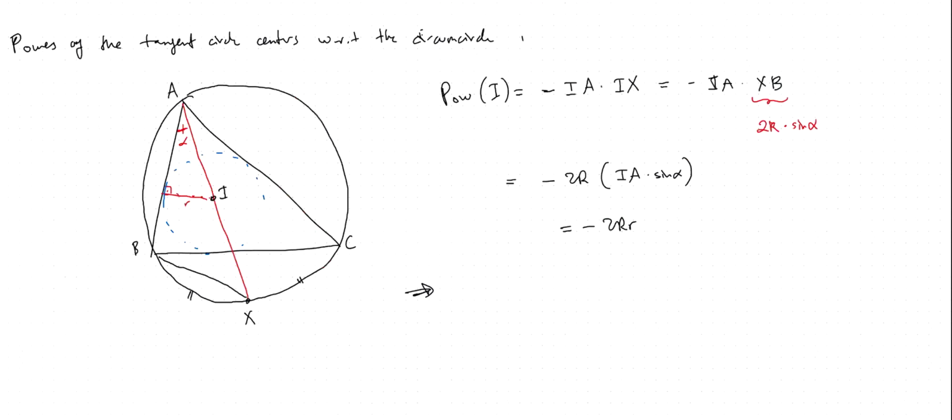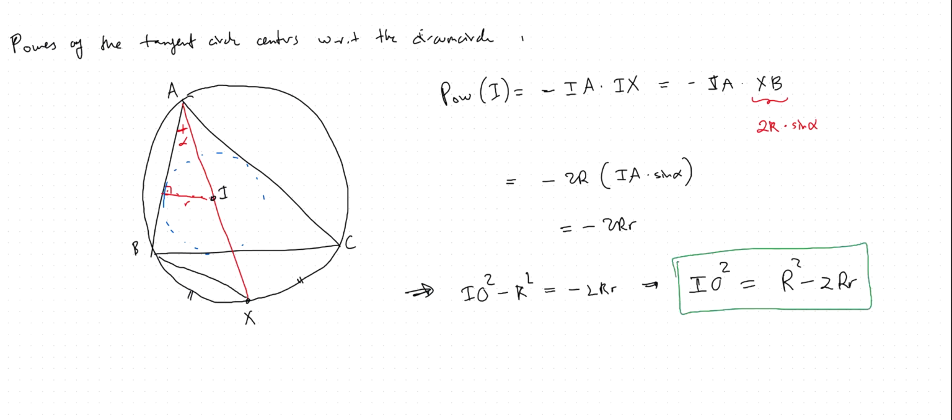So IO squared minus R squared equals minus 2Rr. This is usually given as a formula for the distance between the centers, because of the definition of power.